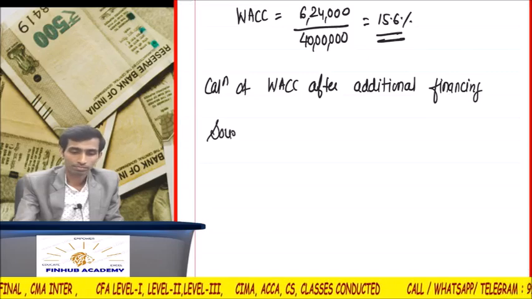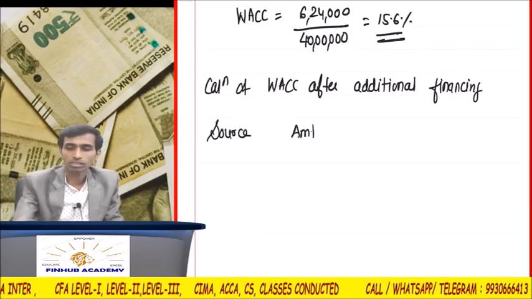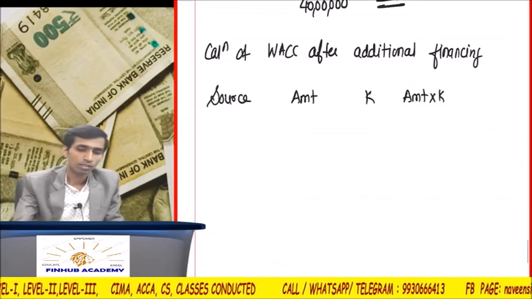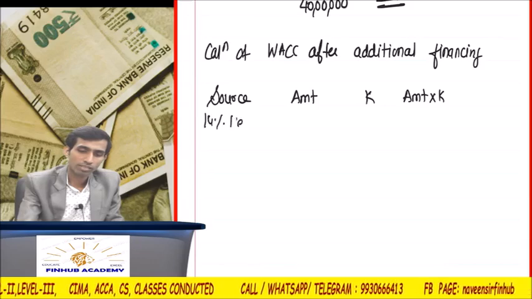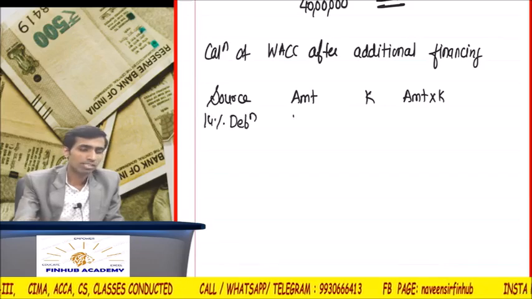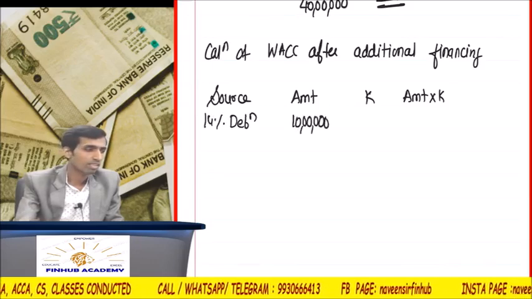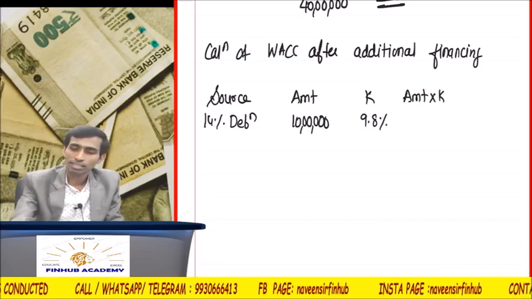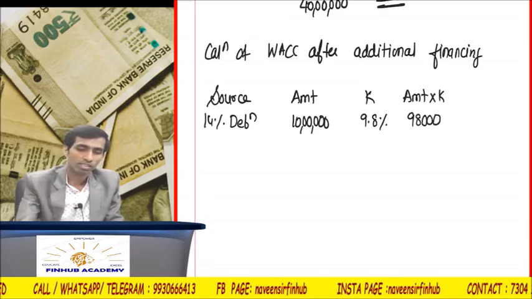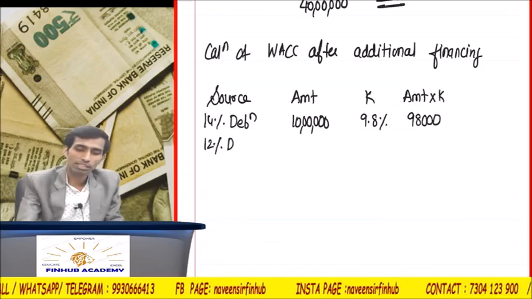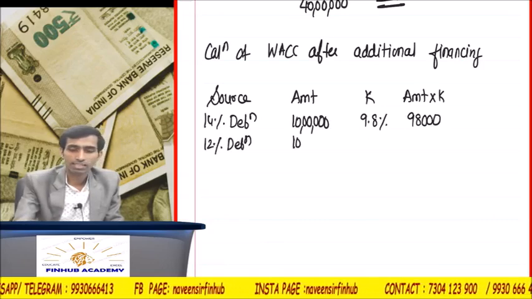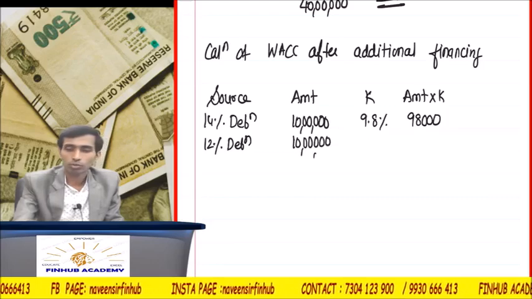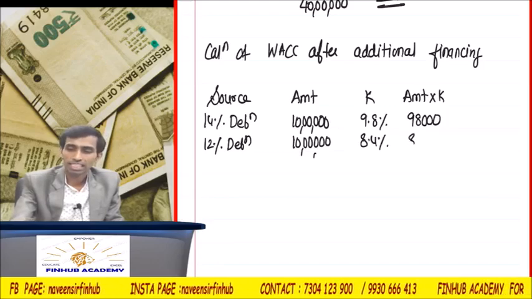Source, amount, K, amount multiplied by K. 14% debenture, this was how much? 10 lakhs. 9.8%, the new one. So it will be 98,000. Then the current structure, that is 12% debenture, was there. 10 lakhs, 8.4%, 84,000.